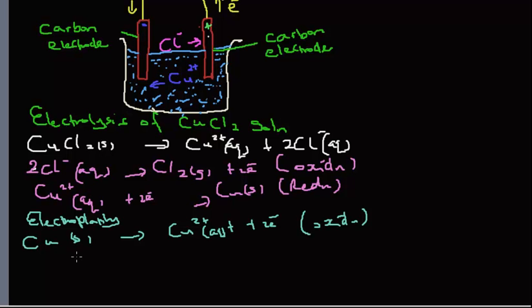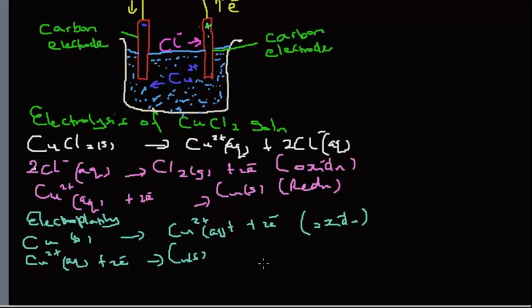But remember, this is an electrolytic process, so our anode will be positively charged. And then again, our copper 2 ions are going to be reduced to copper metal at the cathodes. So we have our copper 2+ aqueous ions, they are going to gain some electrons, and then we are going to form copper solid.